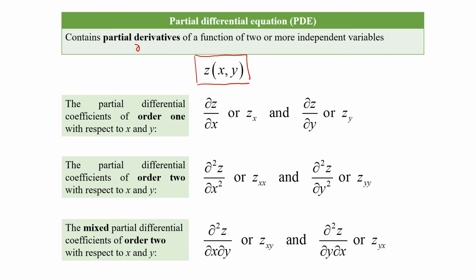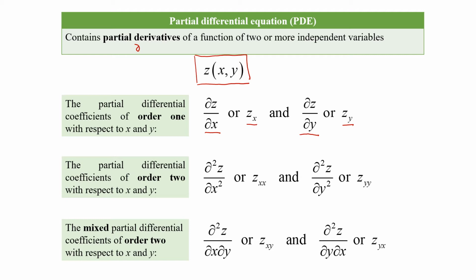From here, we can find the first order partial derivative with respect to x, where it is the differentiation of z with respect to x. Or if we want to find the first order partial derivative of z with respect to y, we can write it as this. We also can write the partial derivative as z sub x or z sub y.